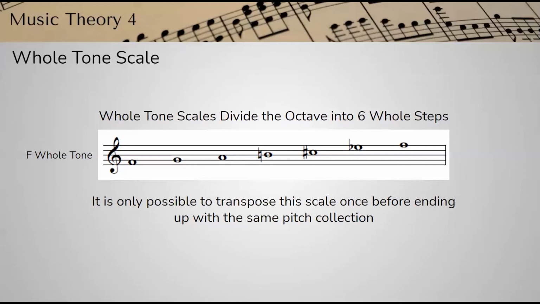And if we transpose it one more time so that it starts on G, we end up with G, A, B natural, C sharp, E flat, F, G, which is the exact same notes as what we have in front of us. So I was only able to transpose this up by a half step before it repeated, before I didn't get a new collection of notes anymore.